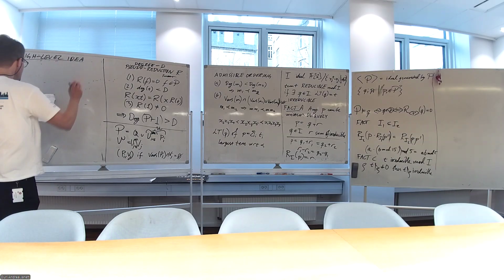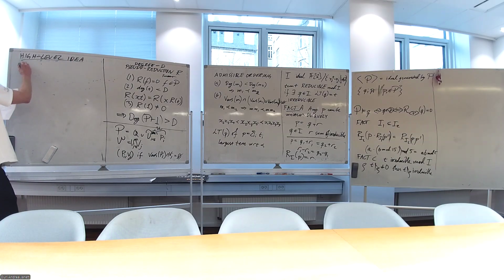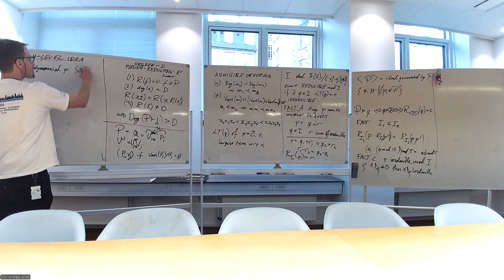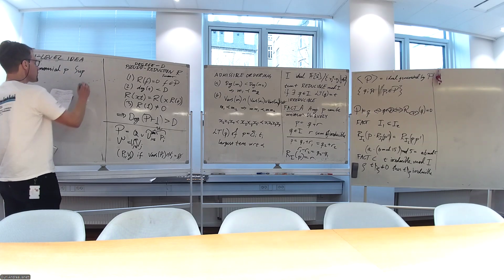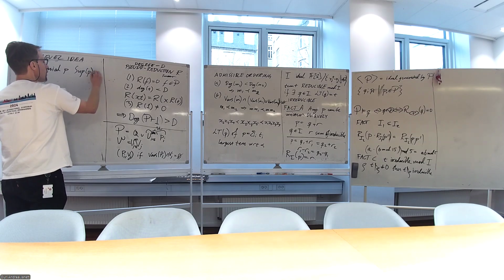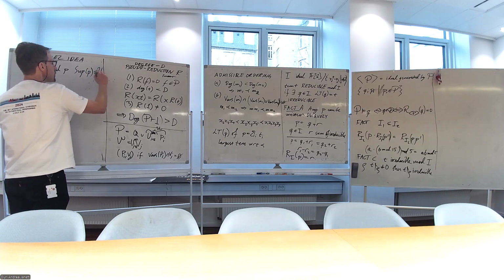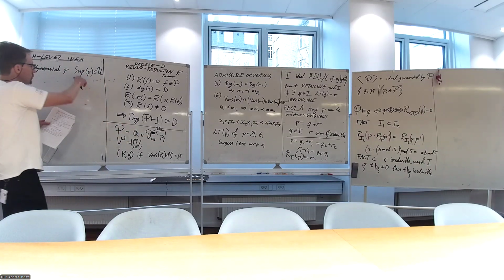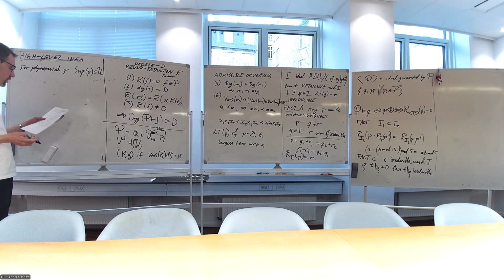So the high-level idea is that for every polynomial P, we define a set of associated polynomials, actually a bunch of capital Pi's, which we refer to as the support.